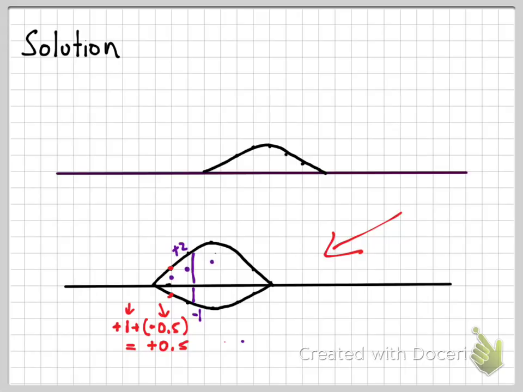You could do that for each dot, and that is why we end up with a resultant that is lower than the original crest, but still a positive pulse. So we have a negative portion taken out. That negative wave makes the crest less positive, but it still ends up being a positive crest.